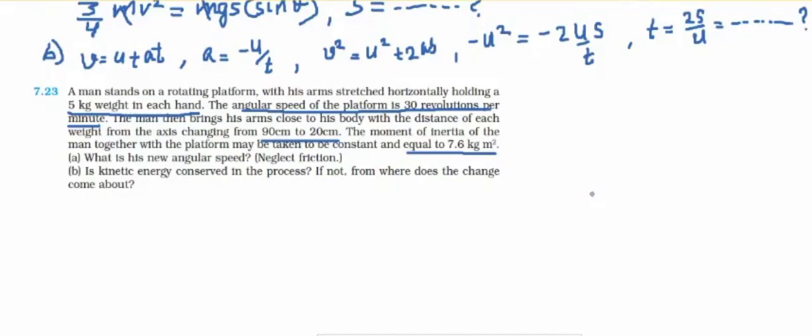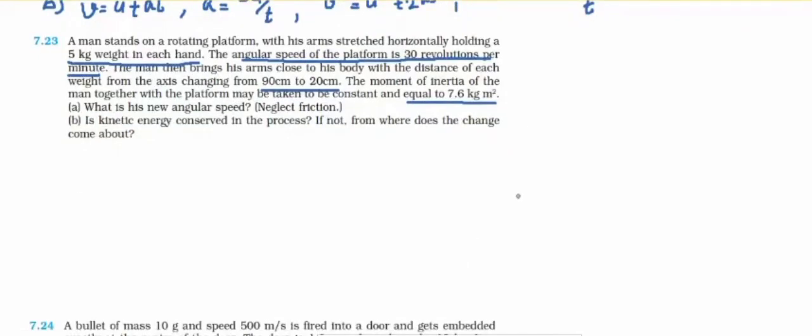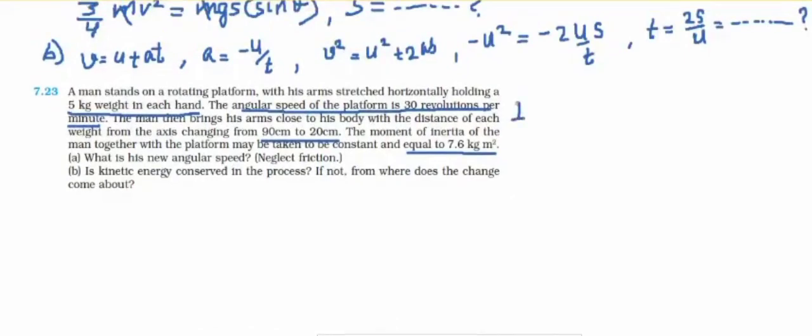Okay, so these are the quantities to be calculated. First of all, we can have the initial moment of inertia I1. I1 is equal to the moment of inertia of the man, which is given as 7.6, plus the moment of inertia of the objects in his hands.